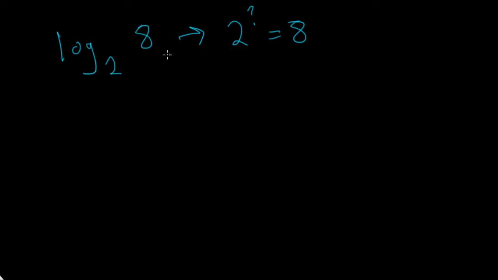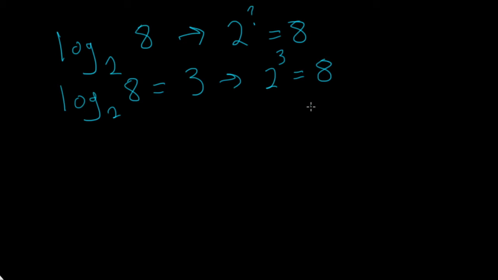Because logs are always solving for missing exponents. The whole purpose of a log is to act as the opposite operation of an exponent, so it's going to give us the missing exponent. So log base 2 of 8 is equal to 3, because 2 to the third power is equal to 8.